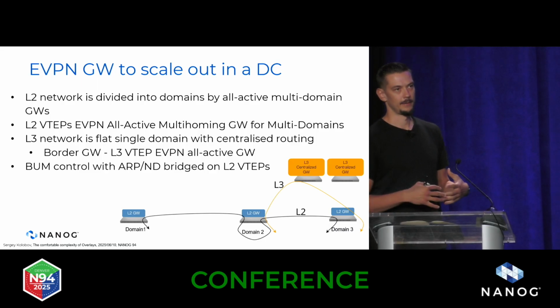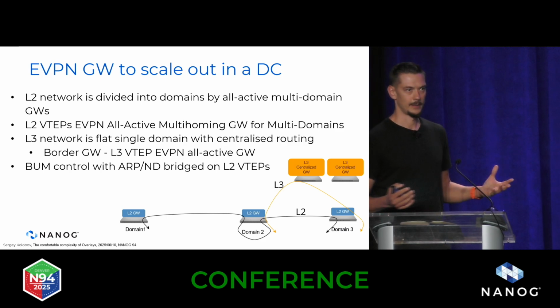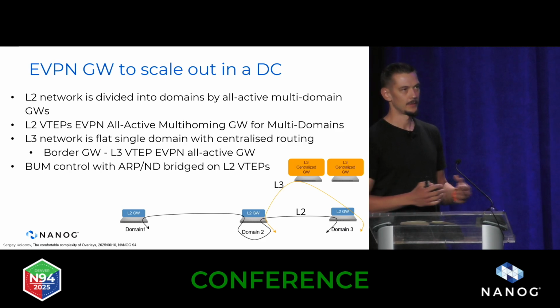We can actually combine them together, and if we need to support a very large scale network with stretched L2 across a lot of VTAPs, and also rely on, for example, extremely large scale ACLs for traffic filtering and control, we can divide our network from L2 perspective into multiple EVPN domains by introduction of L2 gateways, and route all the inter-VNI, inter-VRF traffic through L3 centralized gateways.